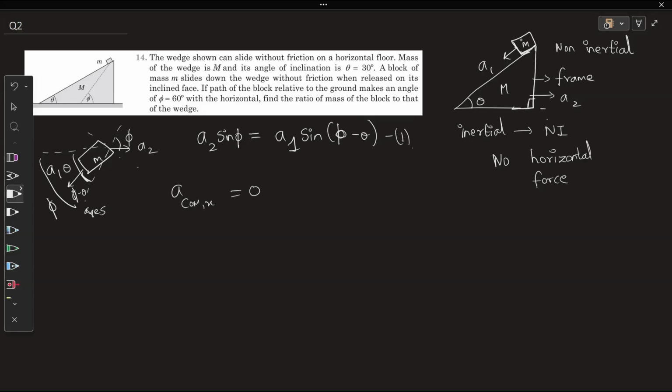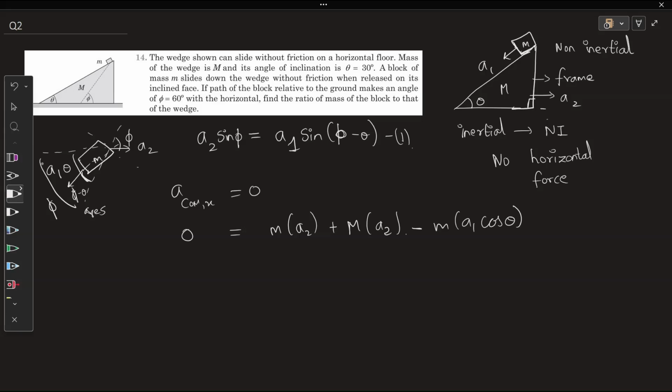What is the acceleration of center of mass with respect to the ground frame? 0 is equal to small m into A2 plus capital M into A2 minus small m into A1 cos theta, because this makes an angle of theta.